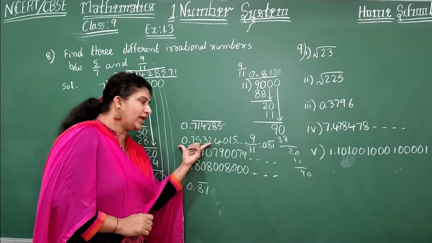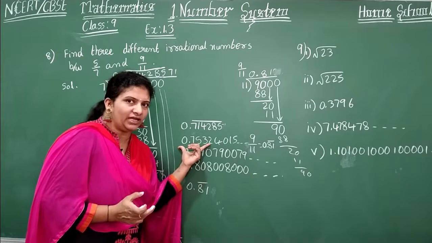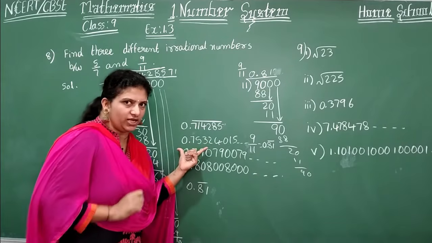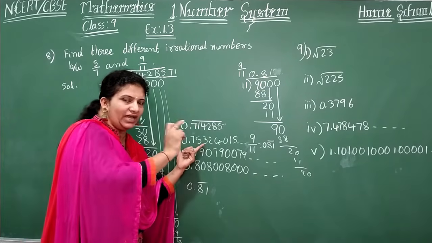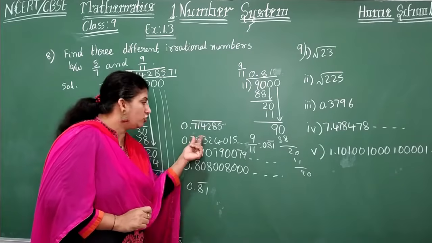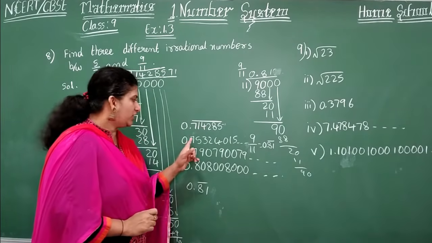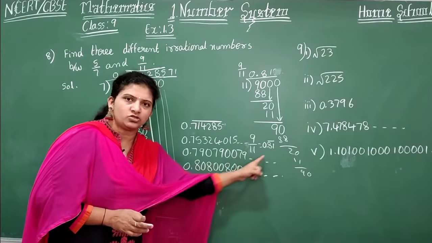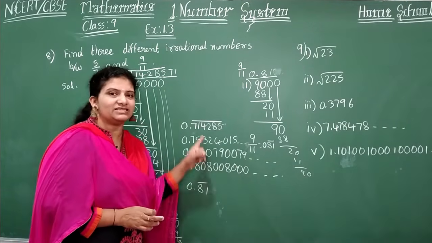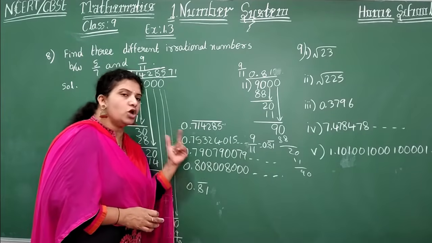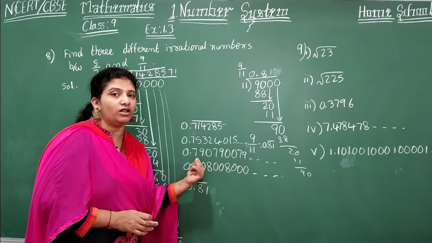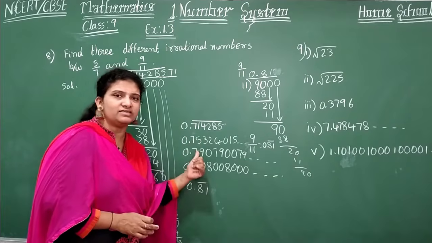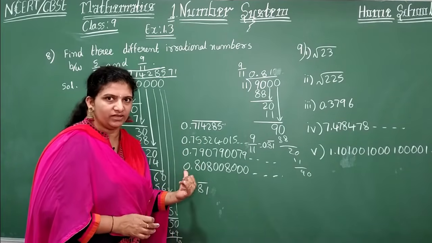If you end, what happens? It will become terminating and it will be a rational number. So you should not end your decimal number and it should not be repeated. So take any numbers you take. So on means it is a non-terminating, non-repeating. So we call these type of decimals as irrational numbers.